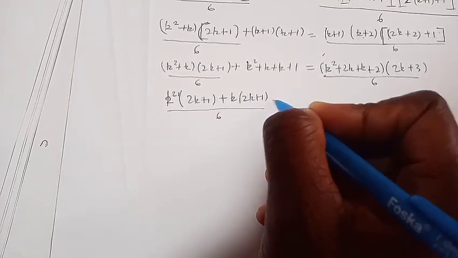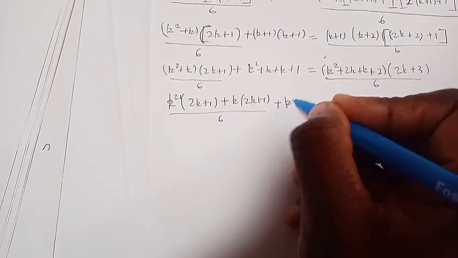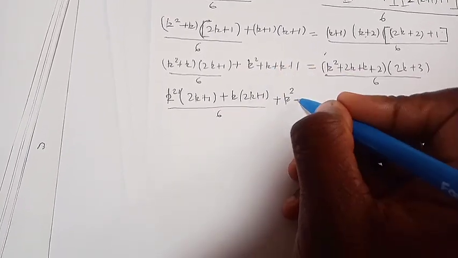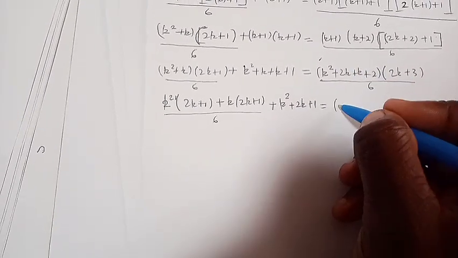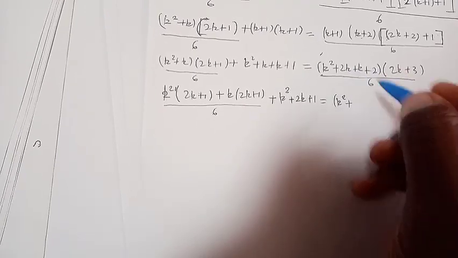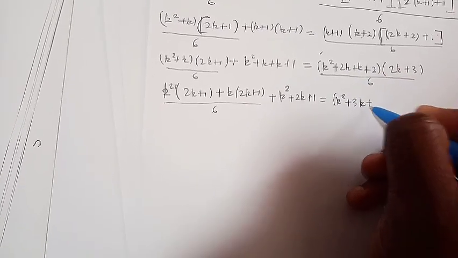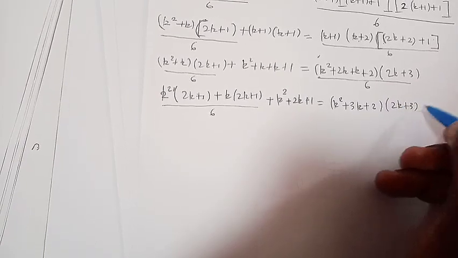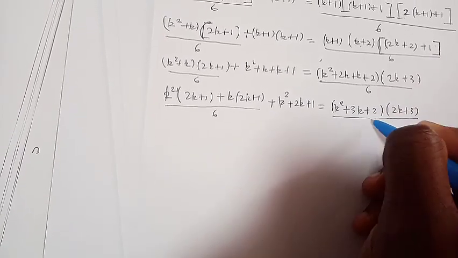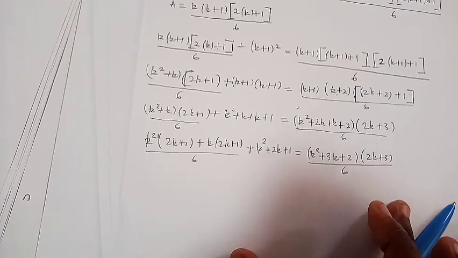And then here I solve for k plus k, we get 2k plus 1, and then over this side I also get k squared plus 3k plus 2. And then I also remain with 2k plus 3, and then I divide by 6.